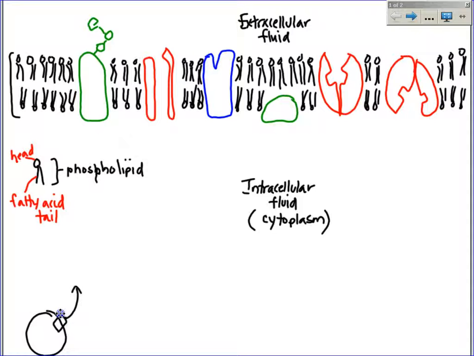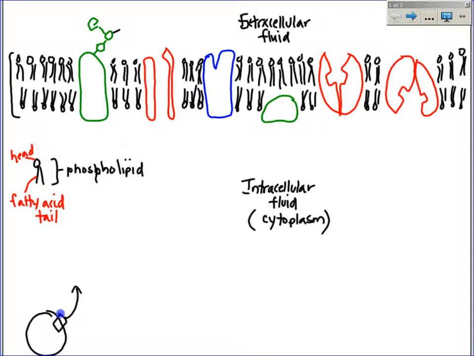So these are the 5 general types of proteins that you might find embedded. The reason that I can tell that way up top there is the outside of the cell membrane is because of this little green thing that's sticking up over here.